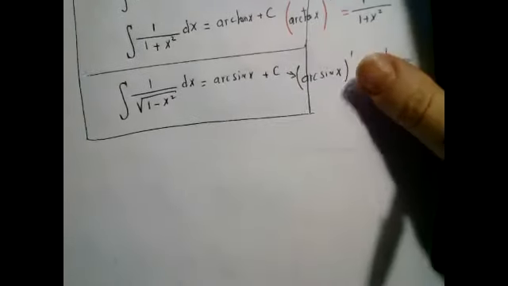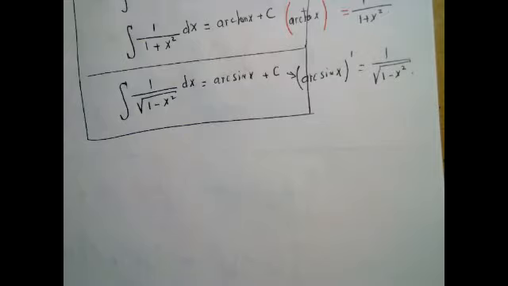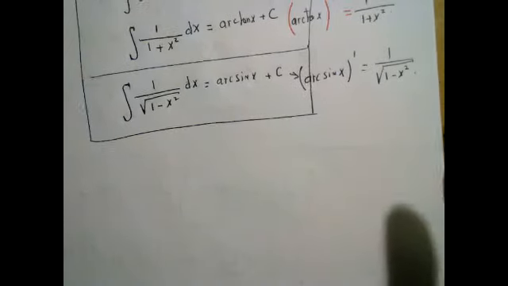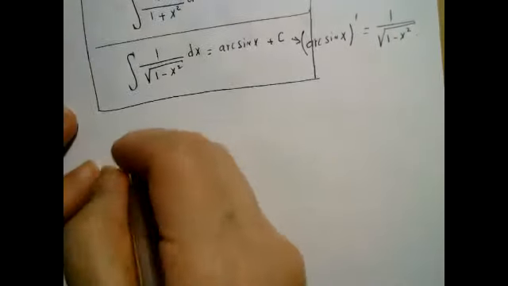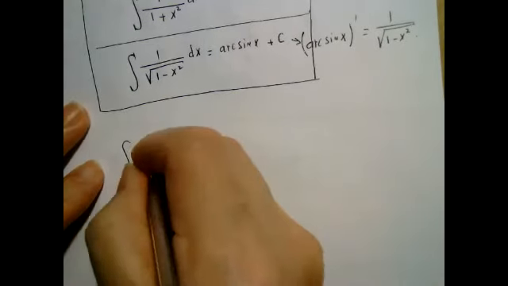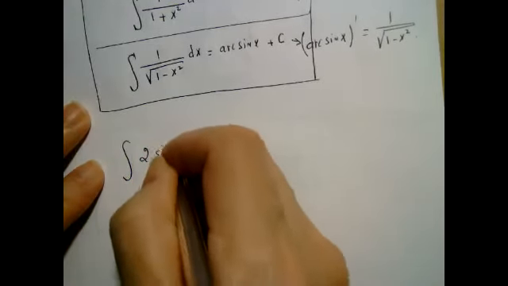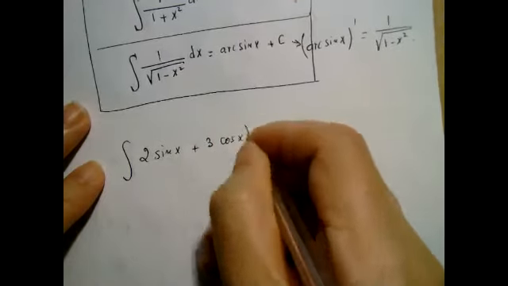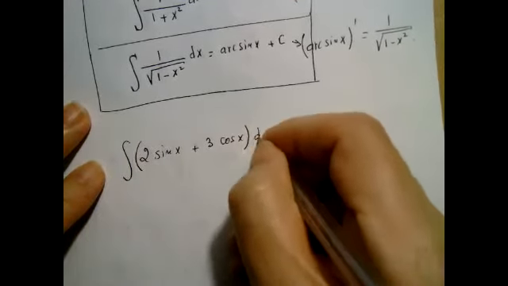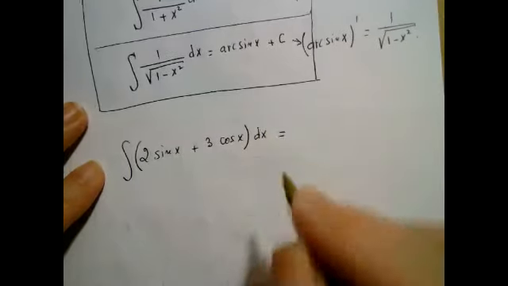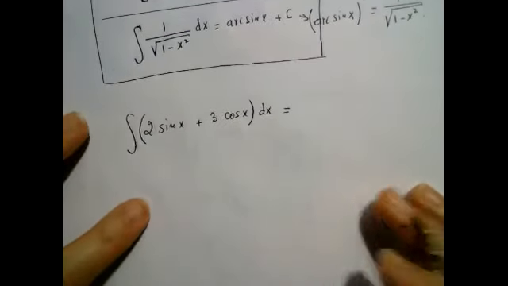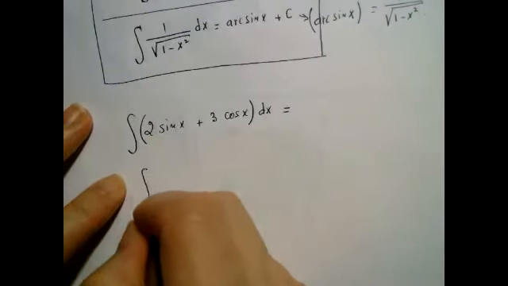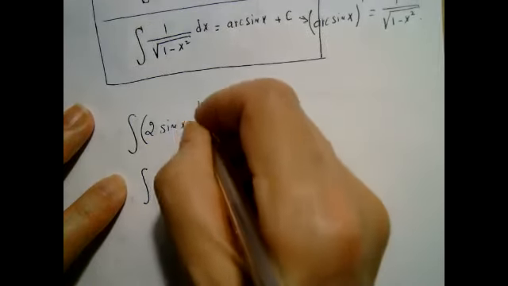Okay. So now I can give you more functions to find their antiderivative. For example, find the antiderivative of 2 sine x plus 3 cosine x dx. So now I can have more and more functions where I can find the antiderivative. This would be fairly simple by now because it's a sum.